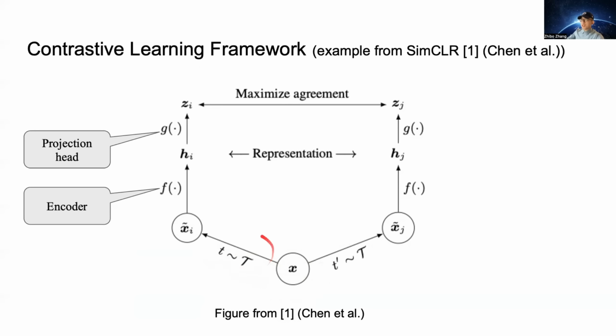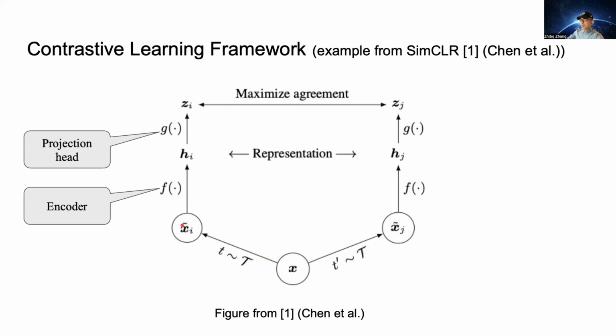The transformation here is generally something from random data augmentation, for example random cropping, random color jittering, etc. Because the two augmented views originate from the same data instance x, they are considered as similar to each other.